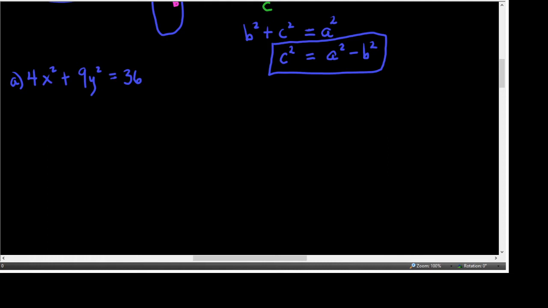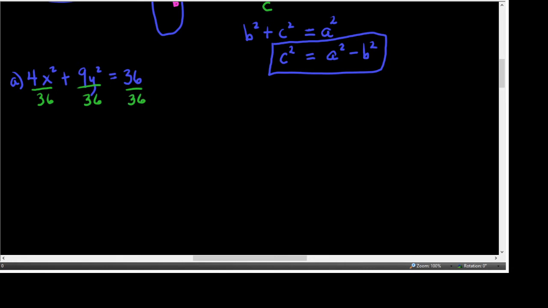All right, so since it's an ellipse, I want to get it in that standard form. And I know that one of the things about it is that it's something plus something equals 1. And I have a sum of things on the left side, but I don't have it equal to 1 on the right side. So to make that work out correctly, I'm going to divide both sides of the equation by 36, which means I'm going to divide each term individually by 36.